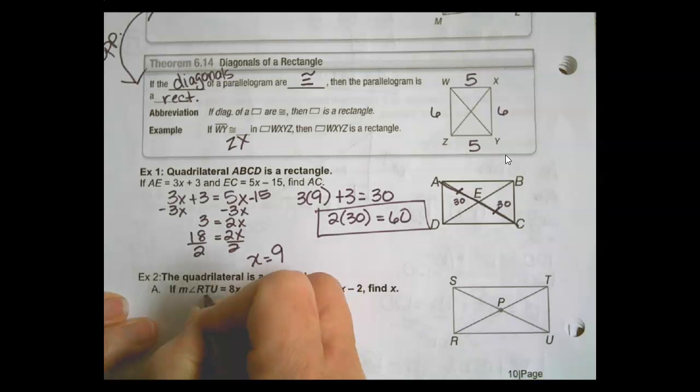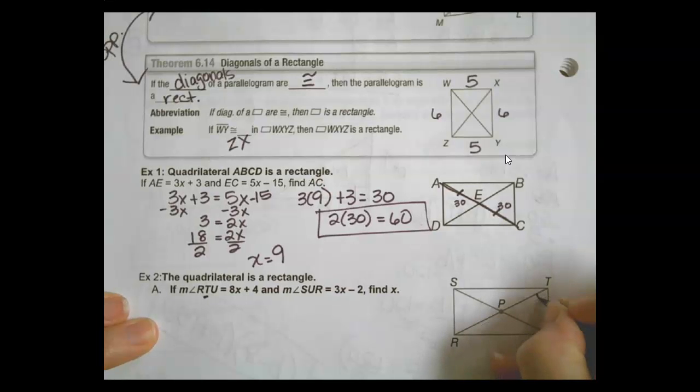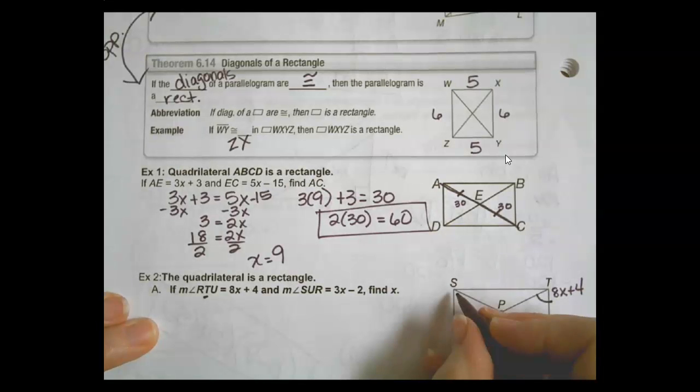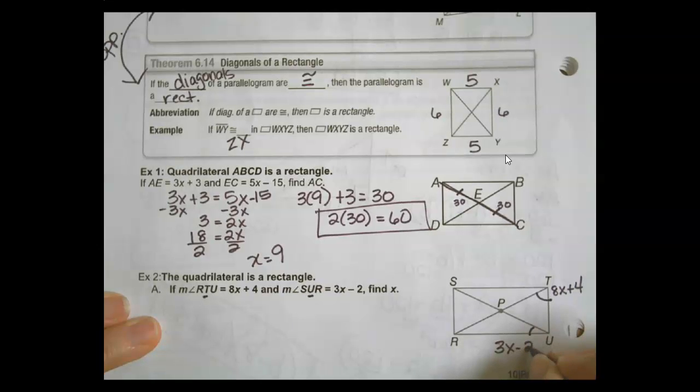Next, RTU, so that means T is our angle. So this RTU, right here, is 8x plus 4. And then SU, the U is in the middle, R, and this right here is 3x minus 2. So that is different than this.